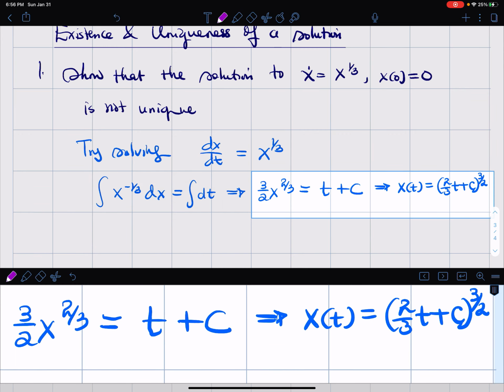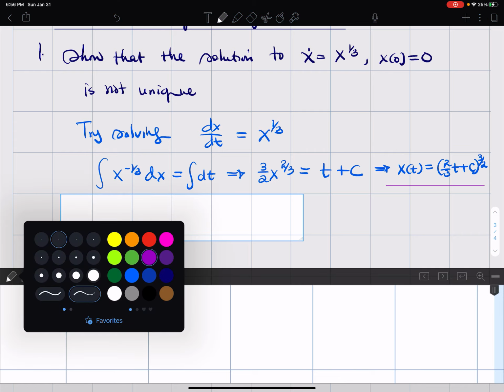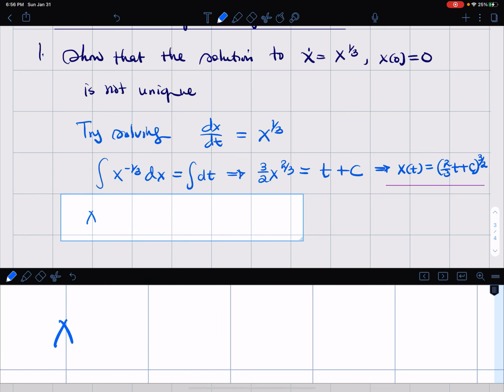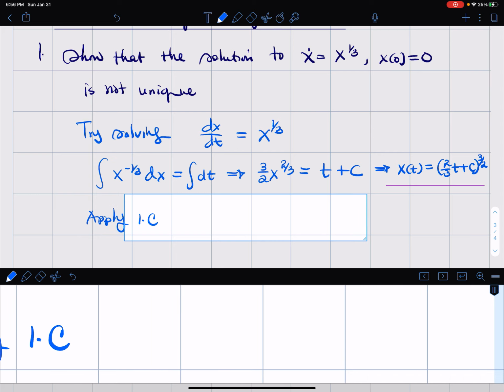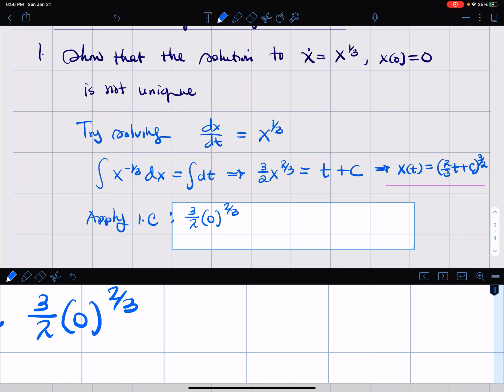But what is it that we need to look for now? We need to look for c. So if we apply our initial condition, x of 0 is 0. So when t is 0, x is 0.